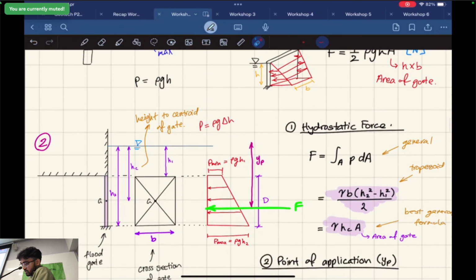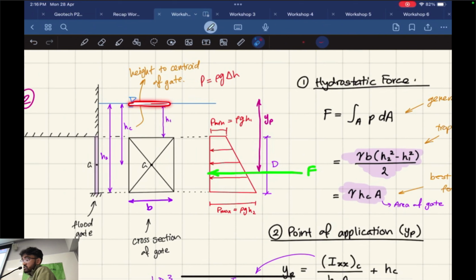So if our gate doesn't actually reach the surface, but it starts at a point lower than the surface, right? So we start over here, where the surface is over here, right? There's going to be some sort of pressure already acting at the top of the gate. Right? That's why we have this pressure acting at the top. And then there's also going to be a maximum pressure acting at the bottom as usual, right?